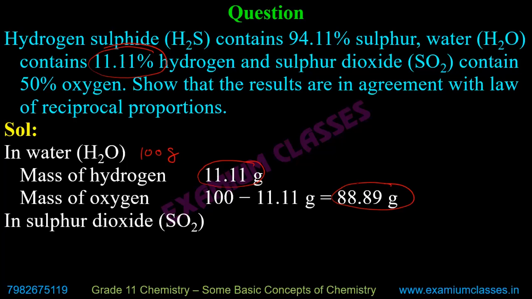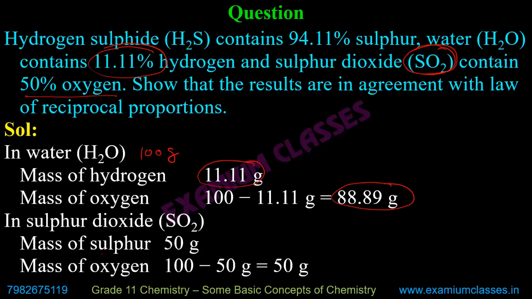In sulfur dioxide, again it is given that the mass of oxygen is 50 gram, so there is 50 gram sulfur and 50 gram oxygen. Both will be the same actually. I have written it opposite, I think.